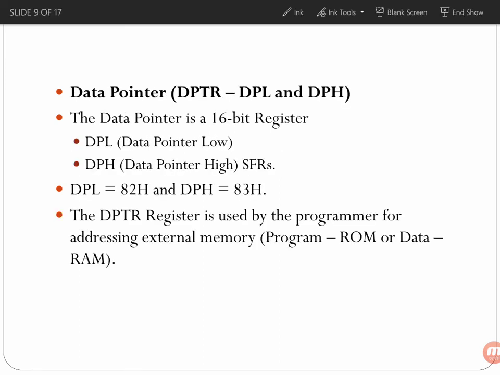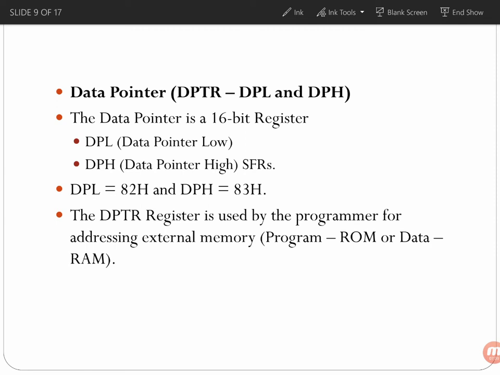Next, the data pointer, the DPTR register, with the DPL lower byte and the DPH higher byte. The data pointer can be used as a single 16-bit register or as two 8-bit registers.